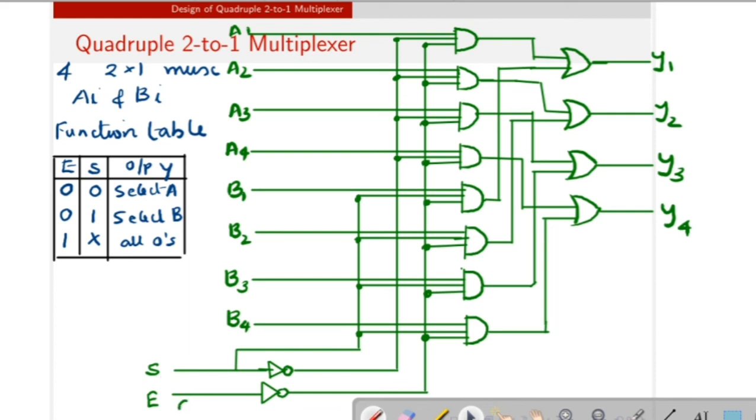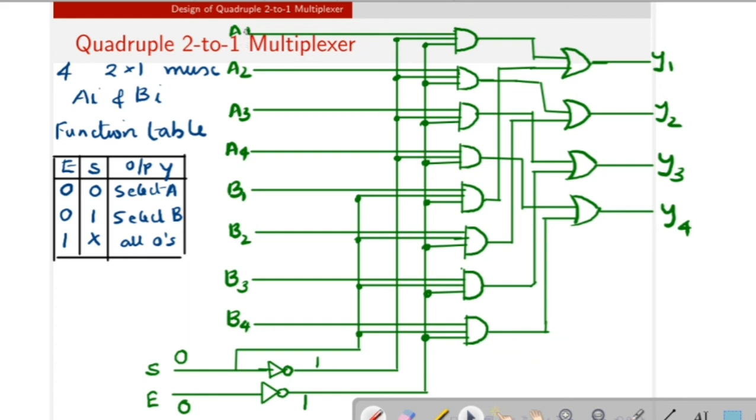Suppose E is equal to 0, then the inverter inverts the input E, so here we get 1. So for all the AND gates E is equal to 1. Then S is equal to 0: the lower AND gates receive 0 and the upper AND gates receive 1. So for the upper AND gates both inputs are 1.